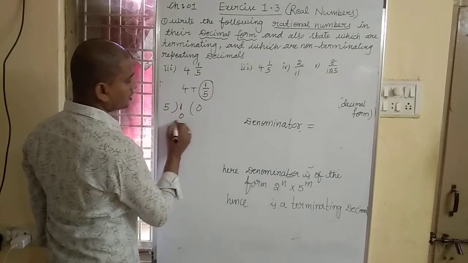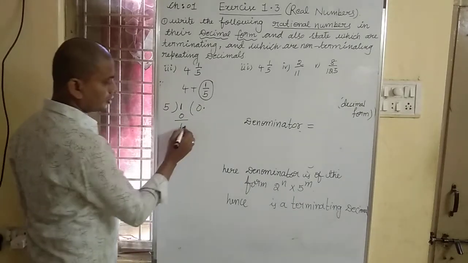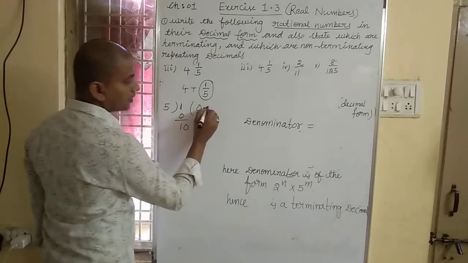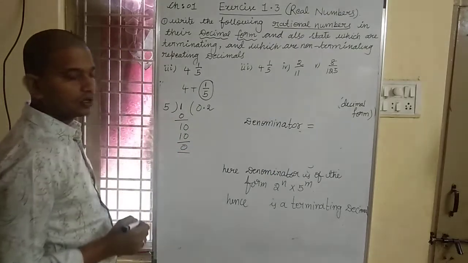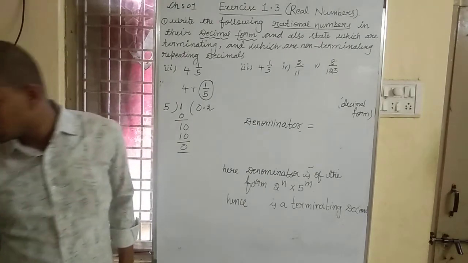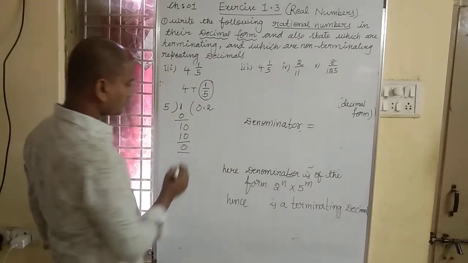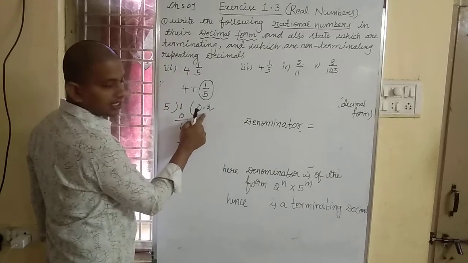1 divided by 5. 5 zeros are 0, 1. Put decimal point. Put here 0. 5 twos are 10. Okay, we got how much? 0.2. So 1 by 5 is 0.2.